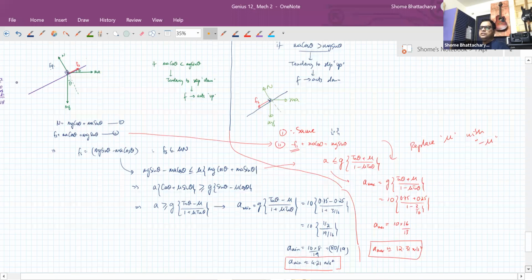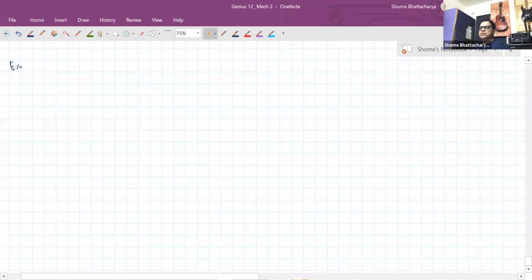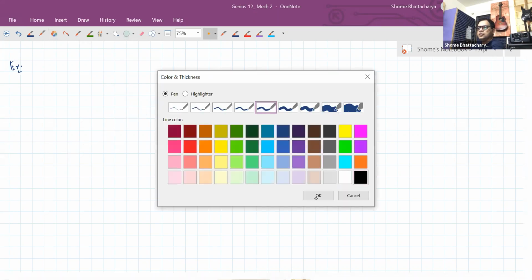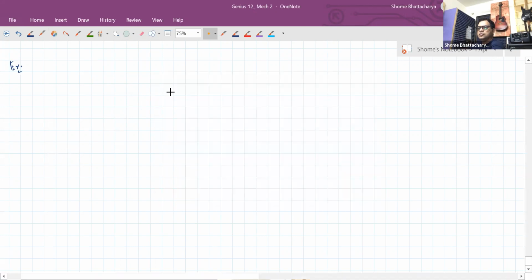So, for example, an easier level version of this question is something like this. You just have a rough inclined plane like this on which you've kept a block of mass m. This has a coefficient of friction mu. Mu is less than tan theta.